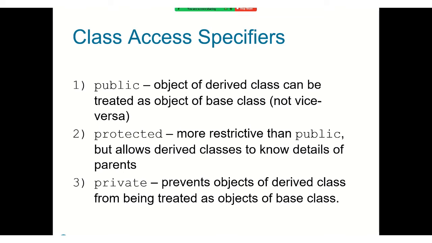Basically, the private member variables cannot be accessed from the derived class at all. So if your attribute is private, it is absolutely private. It does not go outside the class. But if it is protected, it goes outside the class only if the second class is a derived class.